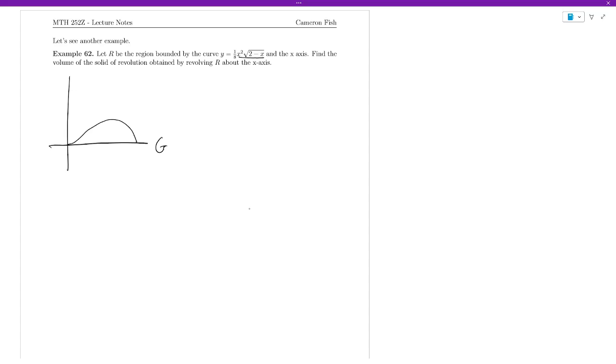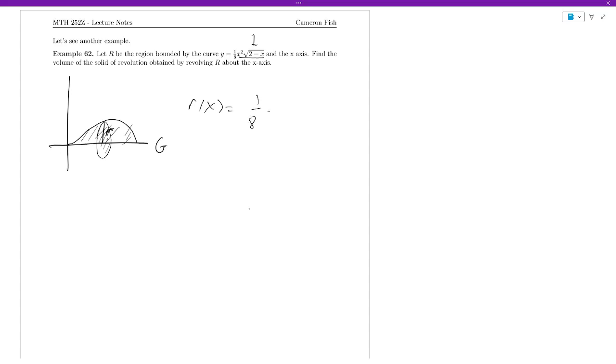Now I want to think about rotating my region around the axis. So I'm going to get a bunch of circles. One example circle is going to have this line segment as its radius, swung around this way. What's my radius? It's the function itself, the top function, y equals, minus the bottom function, y equals 0.